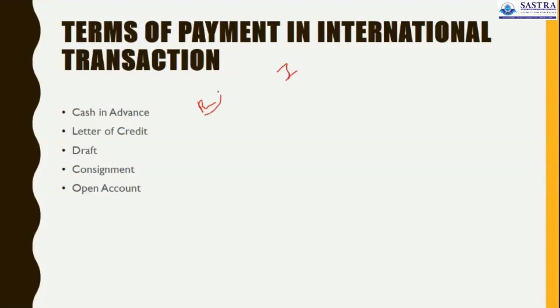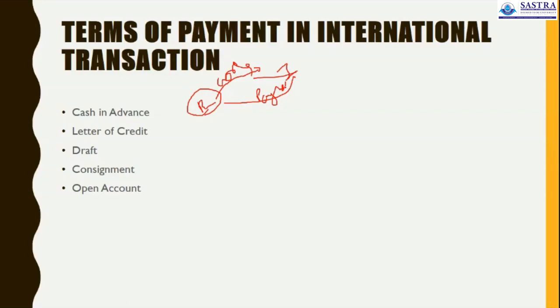The exporter exports goods, sending the goods to the importer. For that, the importer makes the payment in advance. That kind of transaction is cash in advance. However many goods are needed and are going to be provided, accordingly the payment is made in advance.